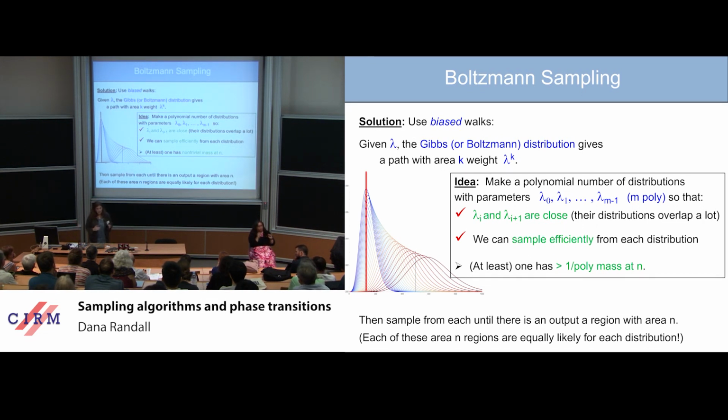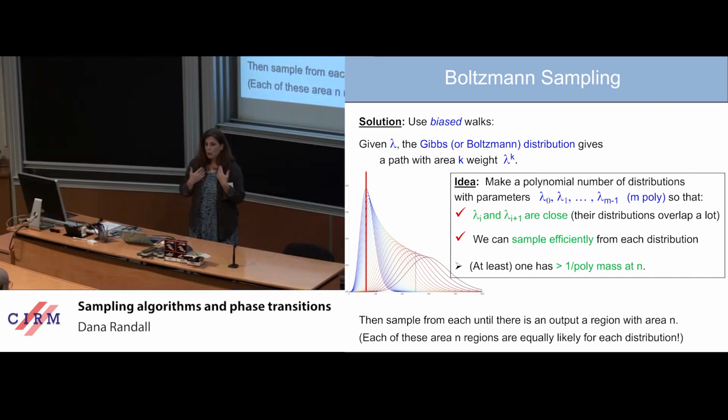So again, I want to either go through all of the distributions, because there's just a polynomial number, or I want to choose one of them. And I'm going to just output paths according to this probability distribution. And if the area under the curve is n, I output it. Otherwise, I reject and I start again.